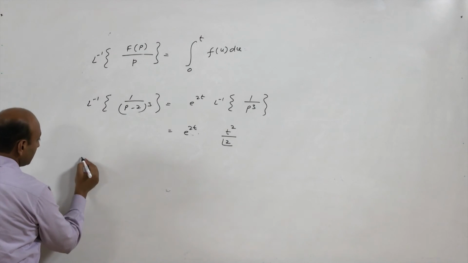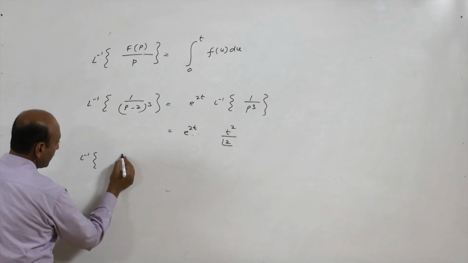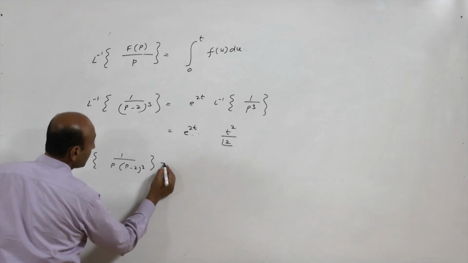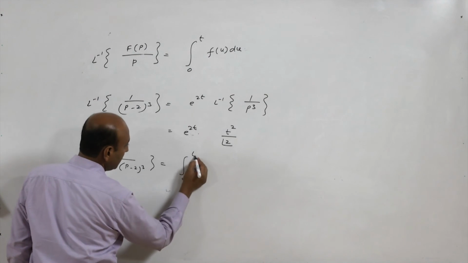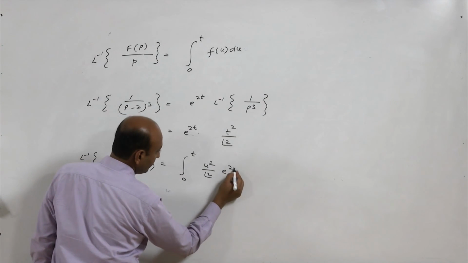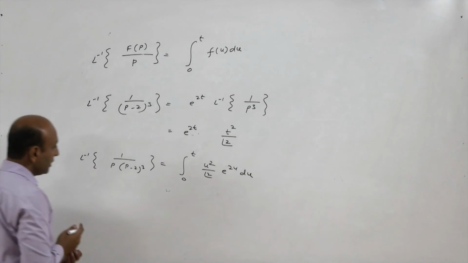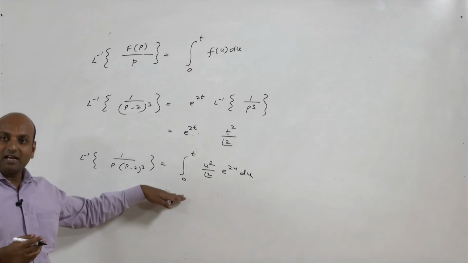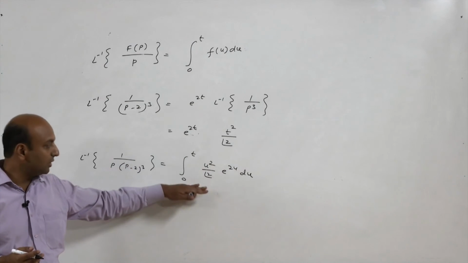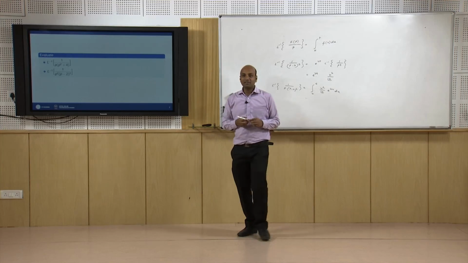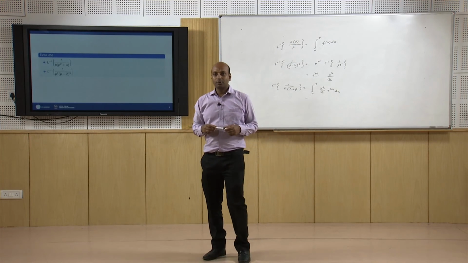And the Laplace inverse of the first division by p is nothing but the integral from 0 to t of f(u) du, and again division by p. So we have to integrate once again from 0 to t of this entire expression. So that will give us the final answer. So thank you very much.